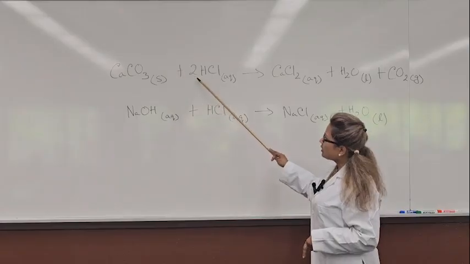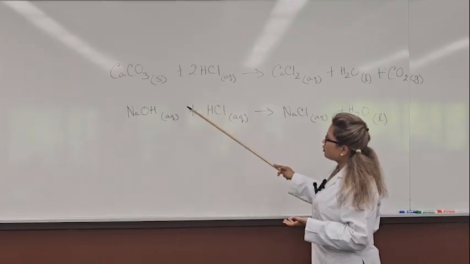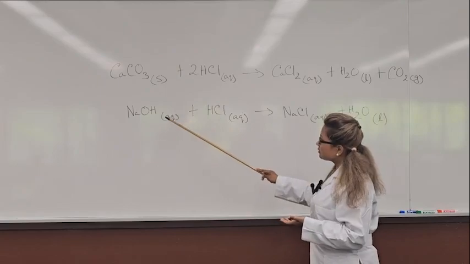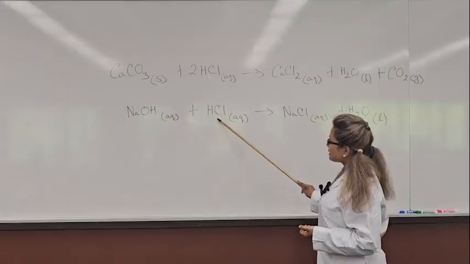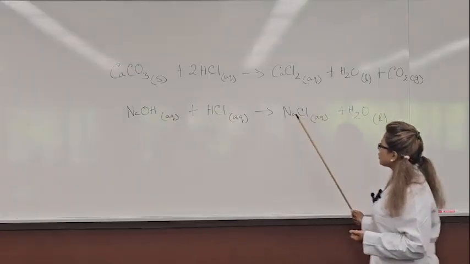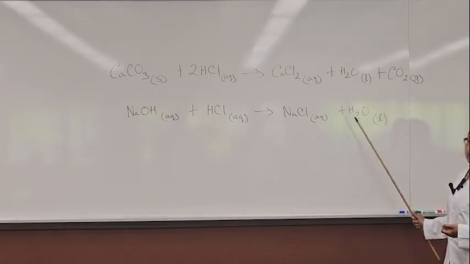So there should be an excess amount of hydrochloric acid, and I'm going to do the titration of that excess hydrochloric acid with sodium hydroxide, which will produce sodium chloride and water.